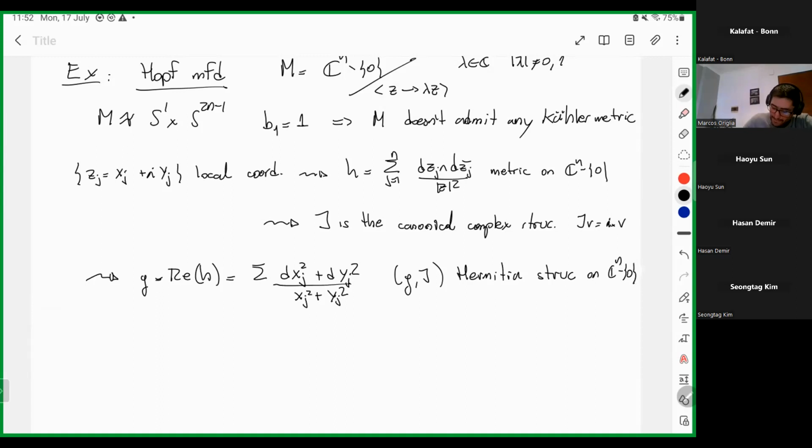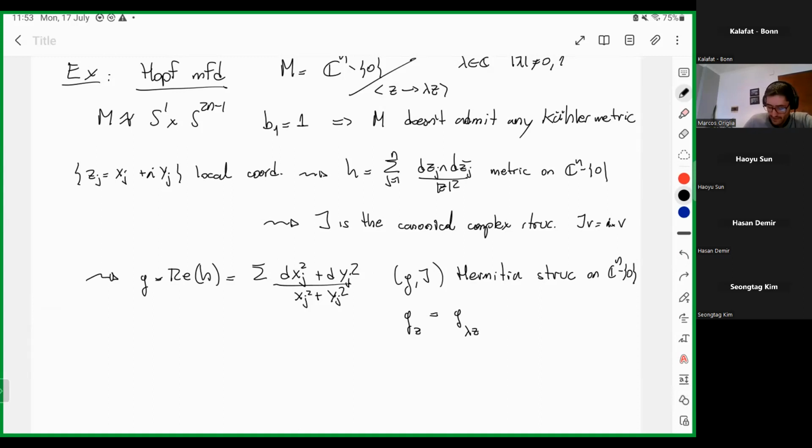If we pay attention, it's clear that the metric g at any point z, I mean x plus iy, is exactly the same as g at lambda z. Because in the top part there is a lambda squared as a factor, and the same in the denominator, so it cancels.